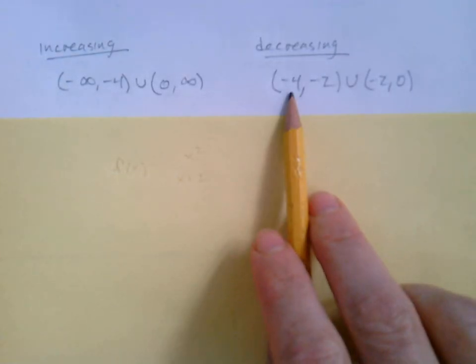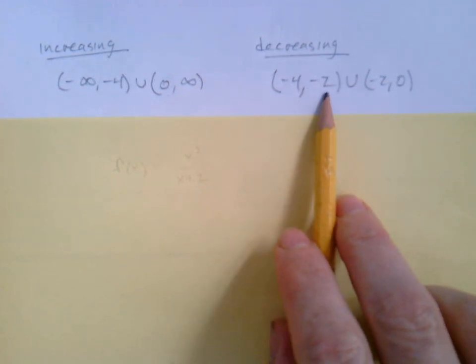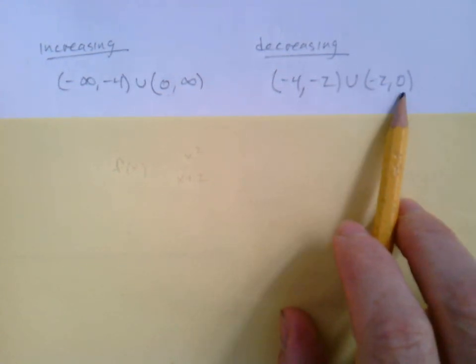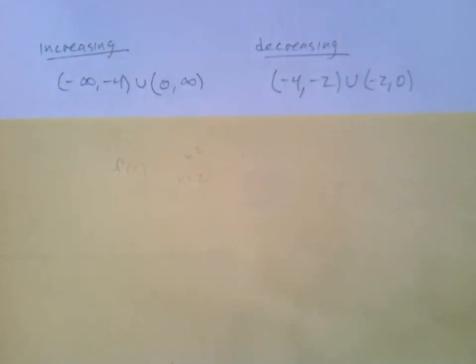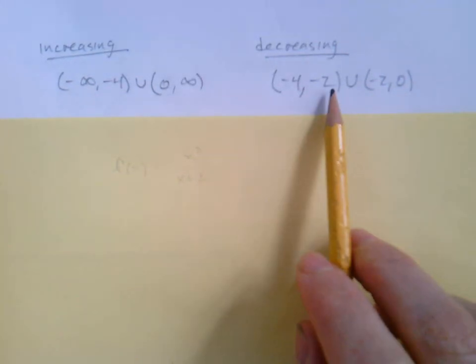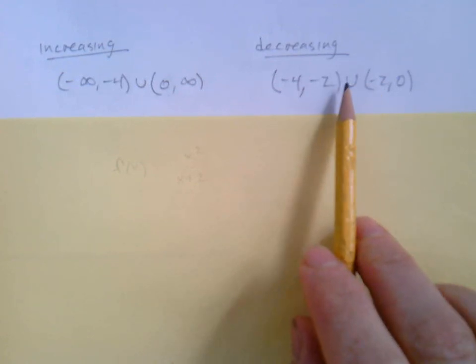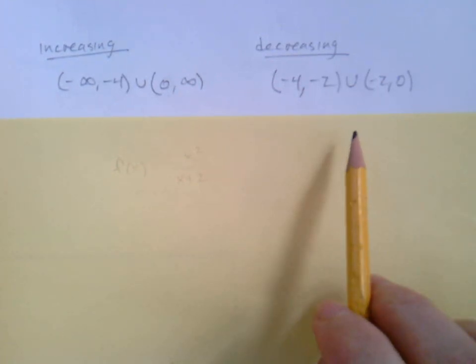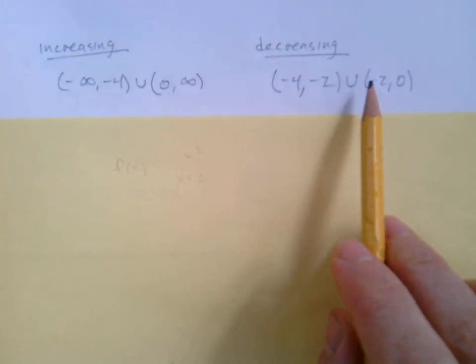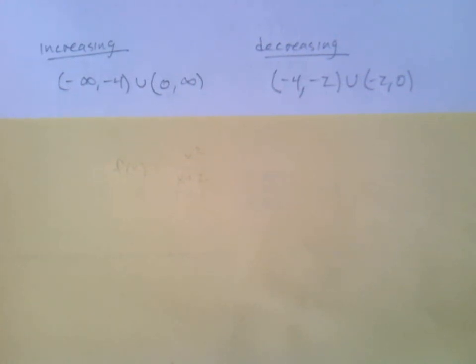It's decreasing from negative 4 to negative 2, and then again from negative 2 to 0. Notice that these both edge up on negative 2, and what is happening at negative 2 itself? There's a vertical asymptote, right? Again, we don't have to take note of that now, but we're kind of seeing all the pieces start to come together.